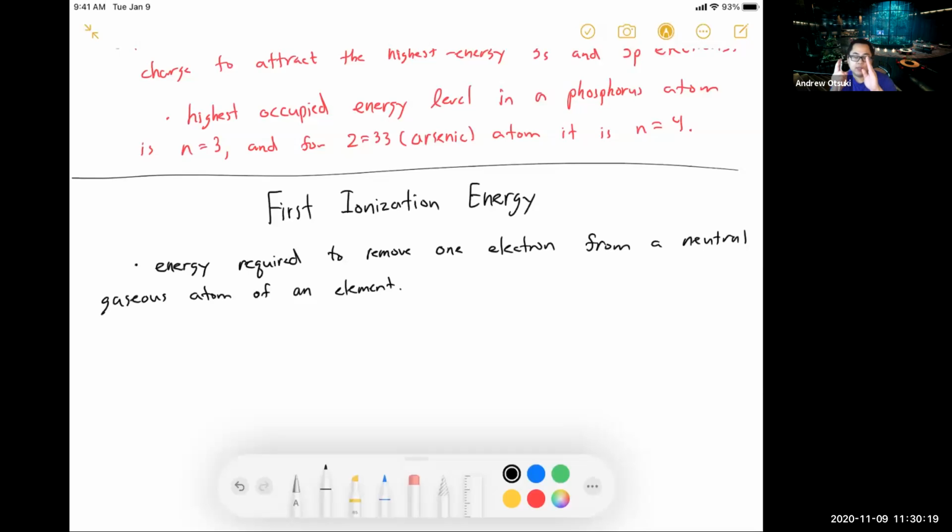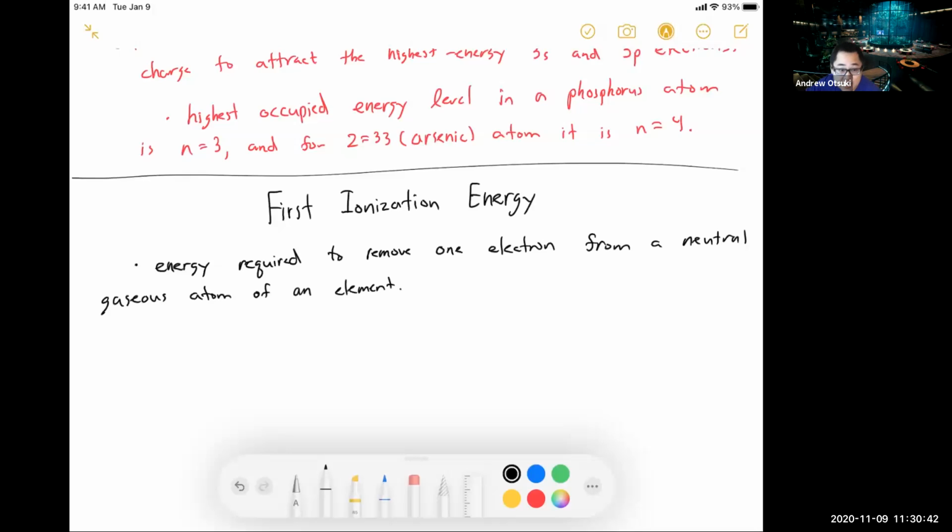So if we remove an electron, we now have an excess of positive charge, or protons. So now we have a net charge. That's called ionization, and the ability to lose an electron is tied in with the ionization energy, or the amount of energy required to eject an electron from a neutral element.